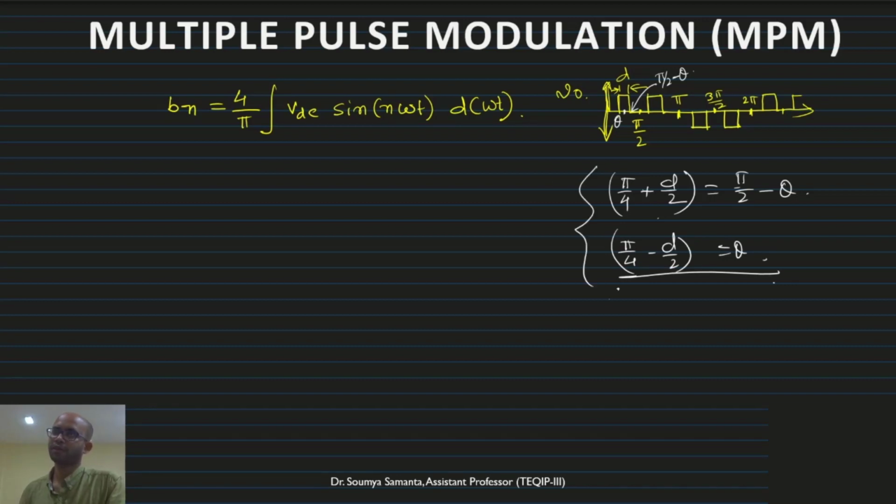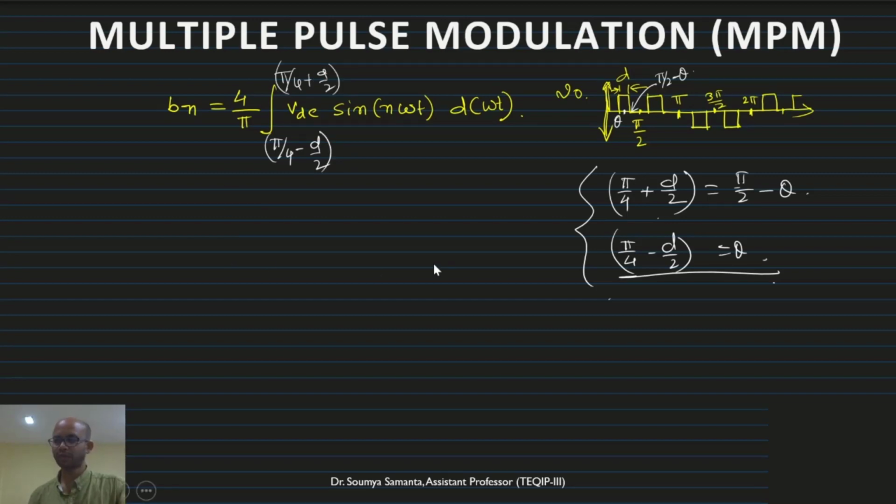So we can set up this limit. Either you can use this one, the pi by 2 minus theta and theta, or else you can use it in terms of d. Now I am here using it in terms of d. So what is this one? This is pi by 4 minus d by 2. This is pi by 4 plus d by 2. This is how we can write it.